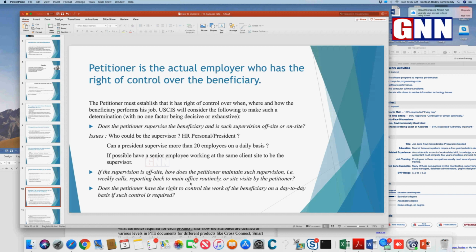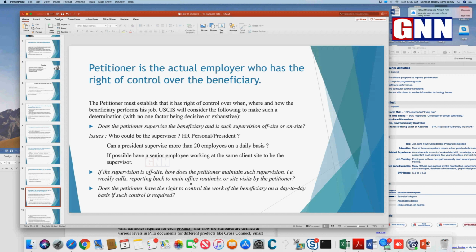Also, whenever you have a larger number of employees, for example, if you have 100 employees, you cannot say that each of these employees is reporting directly to the president, right? Because it's not technically possible for a president to supervise 100 employees.